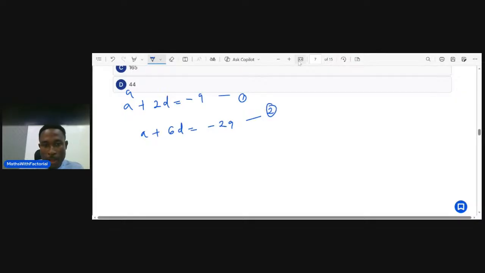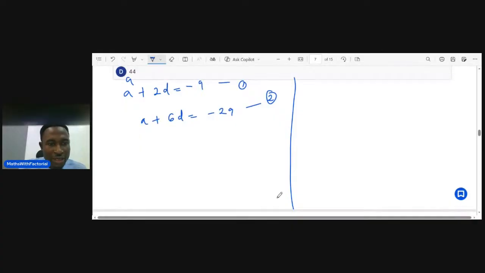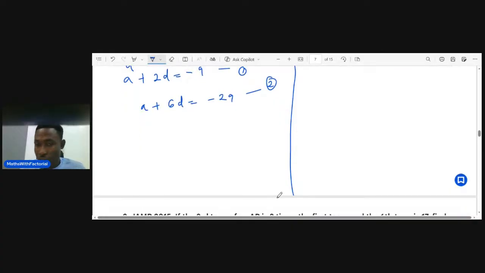Cool. So let me do something. Let me break this so that we don't go into the next page. Okay, so now this is a simultaneous equation. You can choose to use the elimination method, right? Just subtract equation 2 from equation 1.